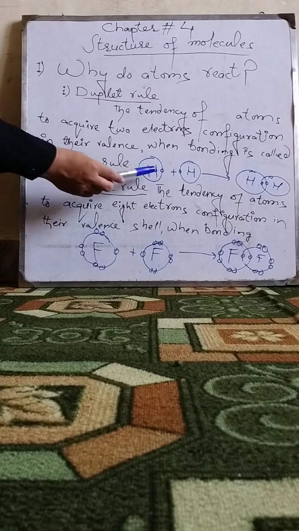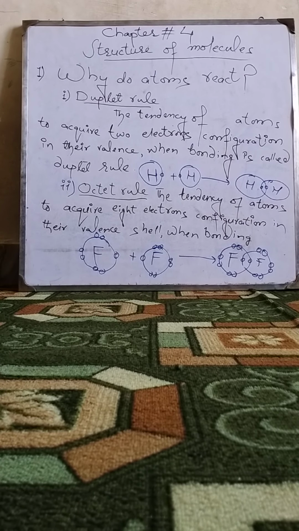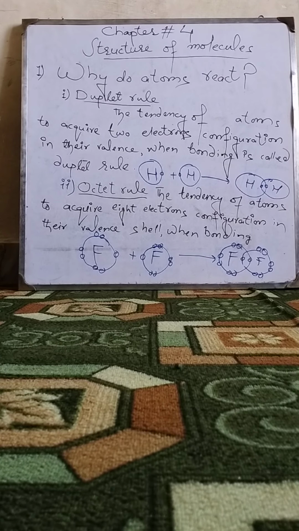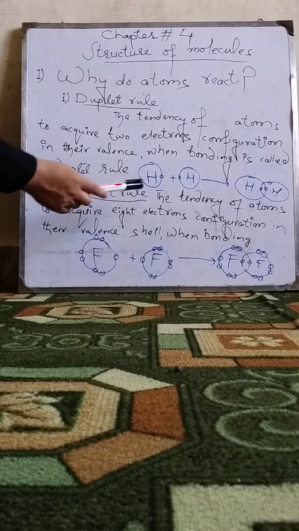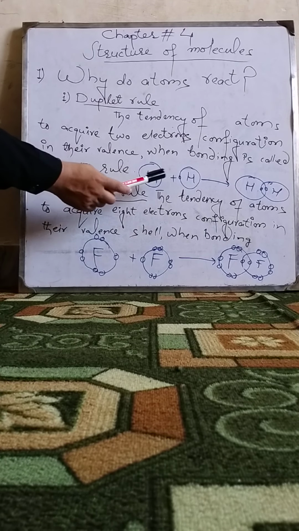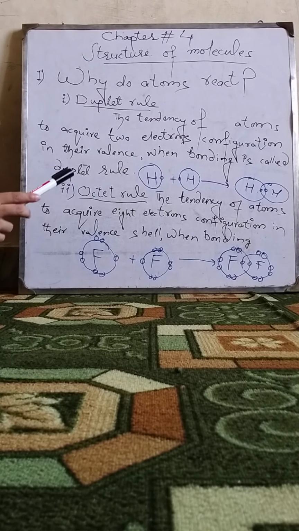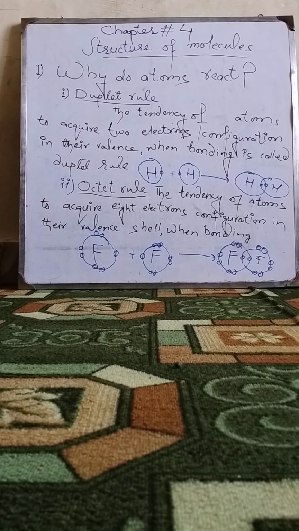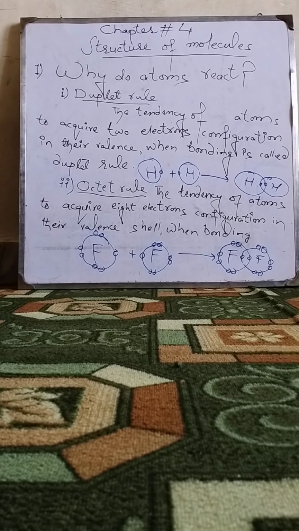For example, hydrogen has one electron, so it has a tendency to gain one electron, to acquire two electrons in its valence shell. So it will obey the duplet rule.